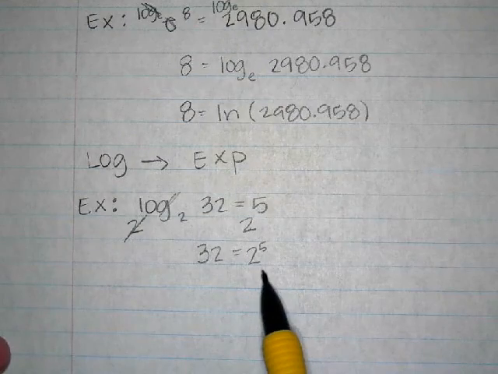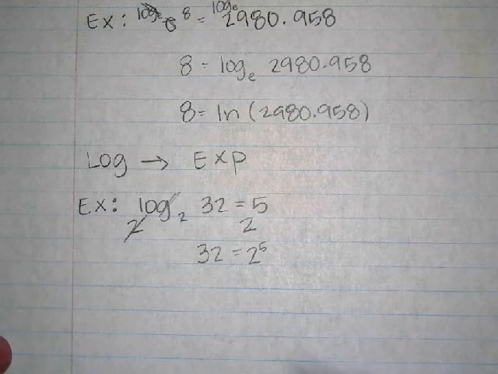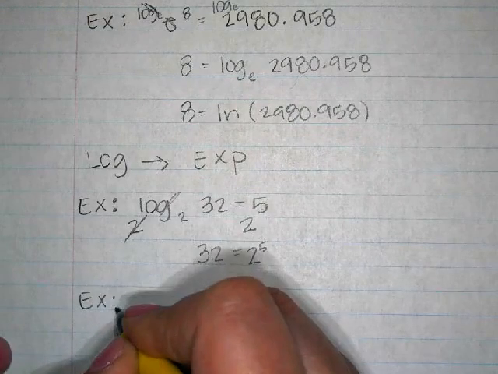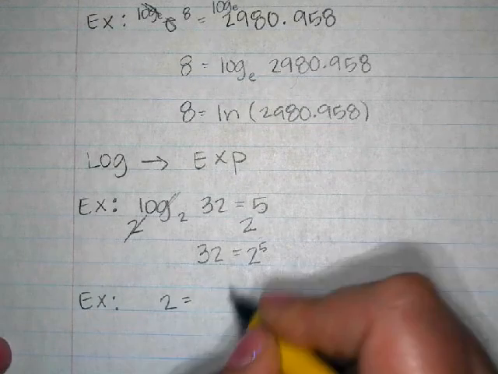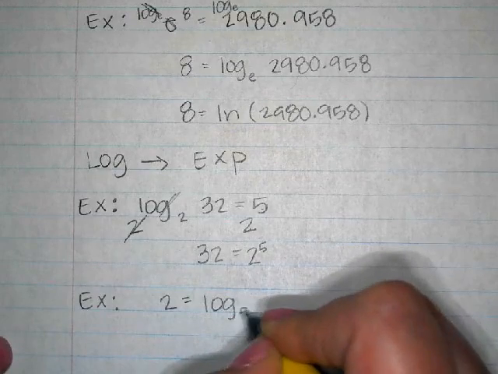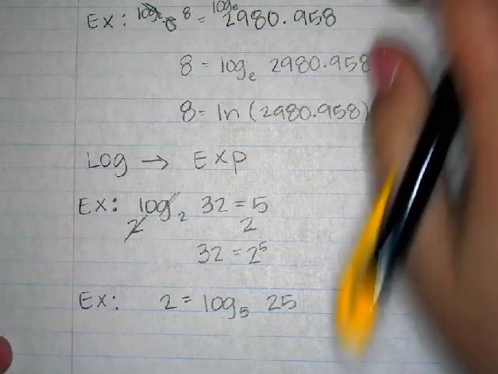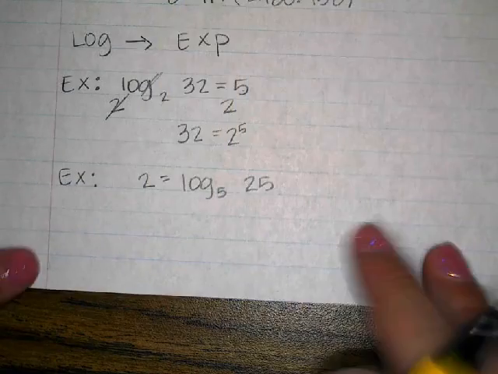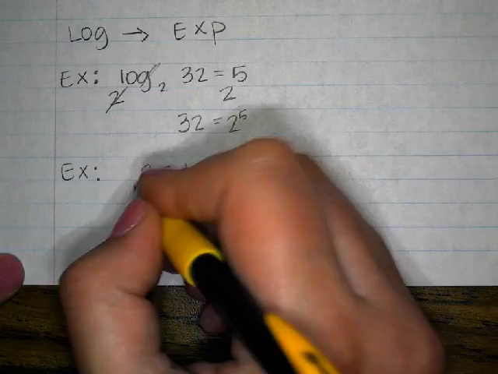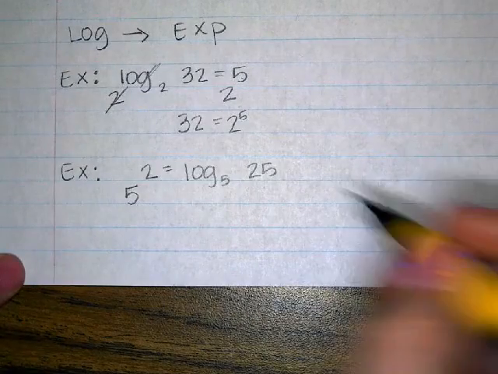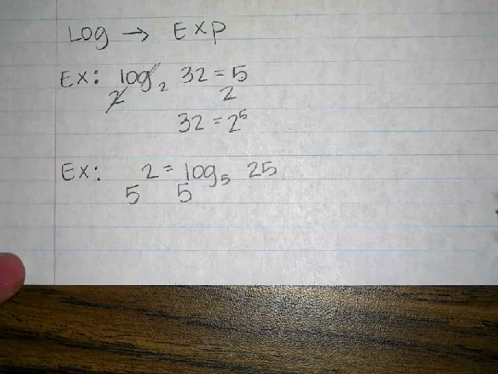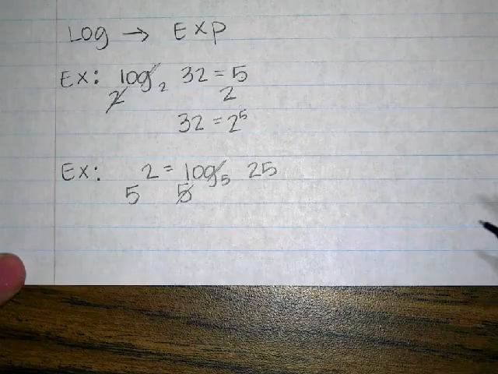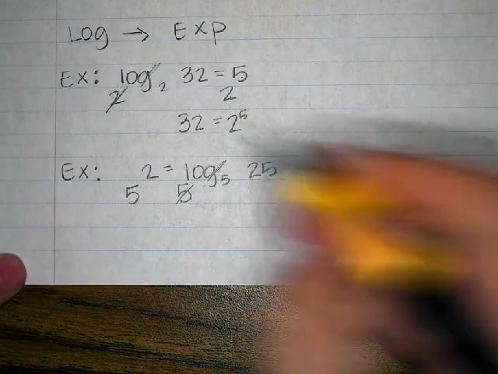Okay, let's try another one. Let's say 2 equals log base 5 of 25. The base is 5, so I'm going to put a base of 5 on each side. The base of 5 and the log base 5 cancel each other out. On the right side, all I have is the 25, and on the left side, I have 5 to the 2nd power.